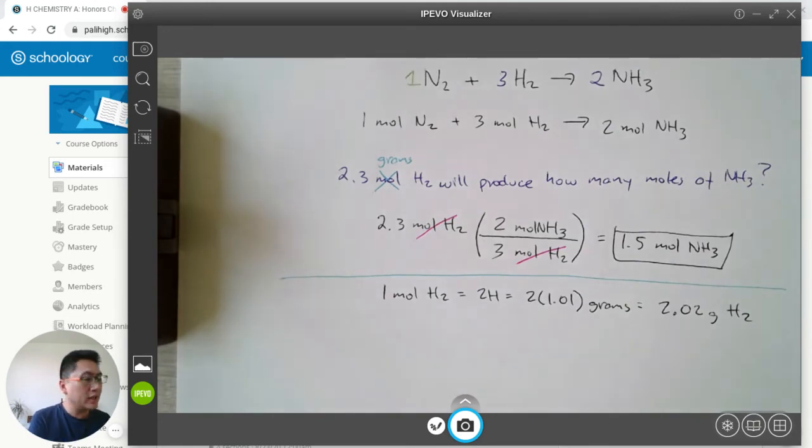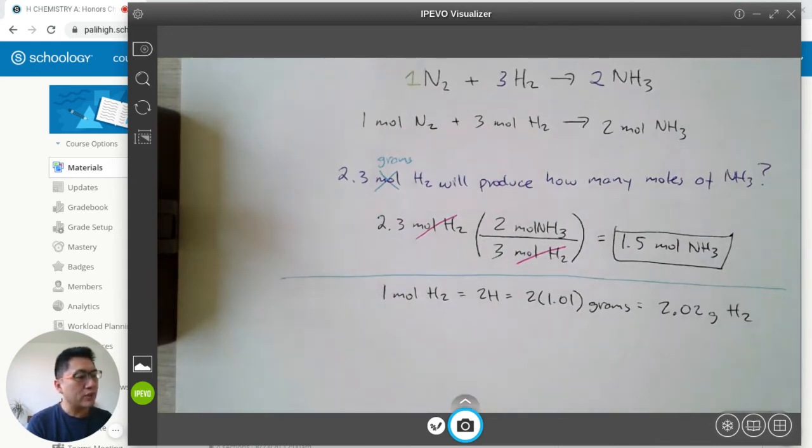How do I find that again? That's 2 hydrogens on the periodic table. I don't have a periodic table in front of me right now, but if you look on the periodic table, the atomic mass of hydrogen is 1.01. I'm just doing 3 sig figs right now. So 2 times 1.01 is 2.02.